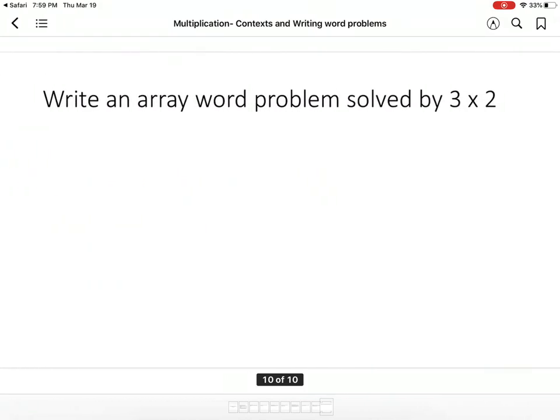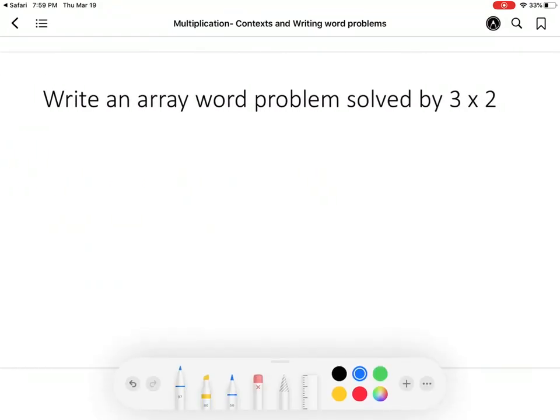All right, and then finally, let's write one of these, and we'll do array this time. So instead of tiling with, like square meters or something, I'm going to think about, like cans on a shelf are often arranged in rows and columns. So I'll be thinking about rows and columns that aren't tiles here.